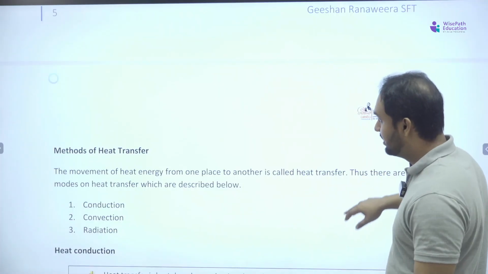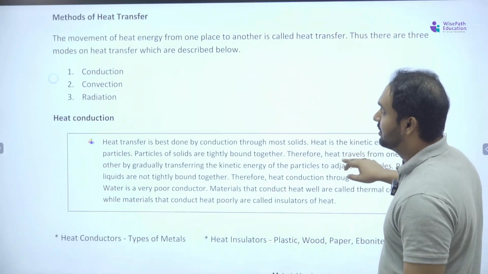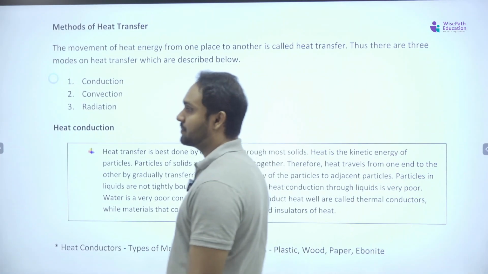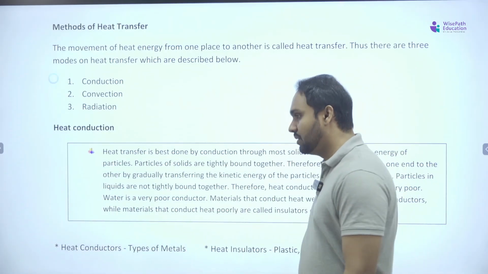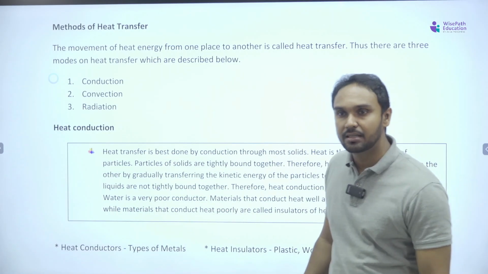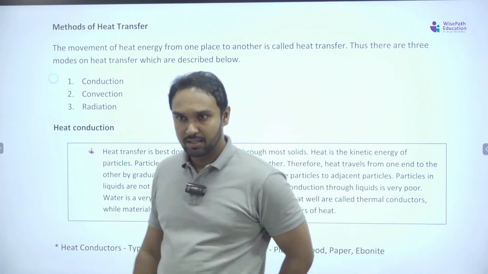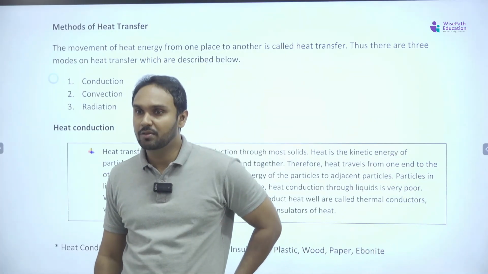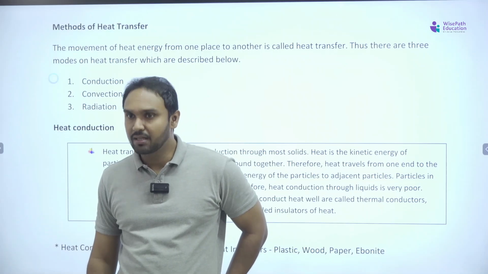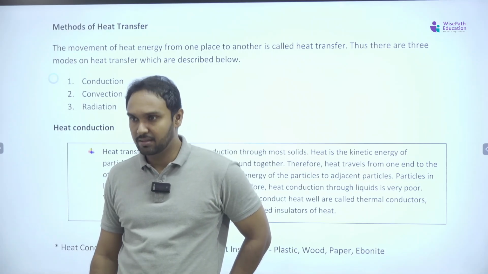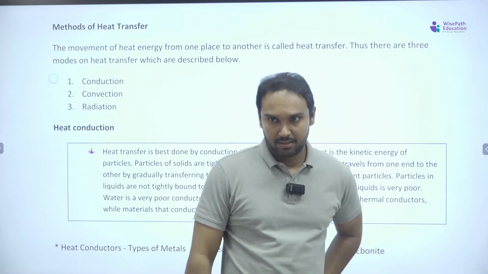Otherwise, I'll forget. Right. And the method of heat transferring, we discussed this as well. So I told you the original form of the heat is the infrared, which is the electromagnetic wave that is coming from the sun.